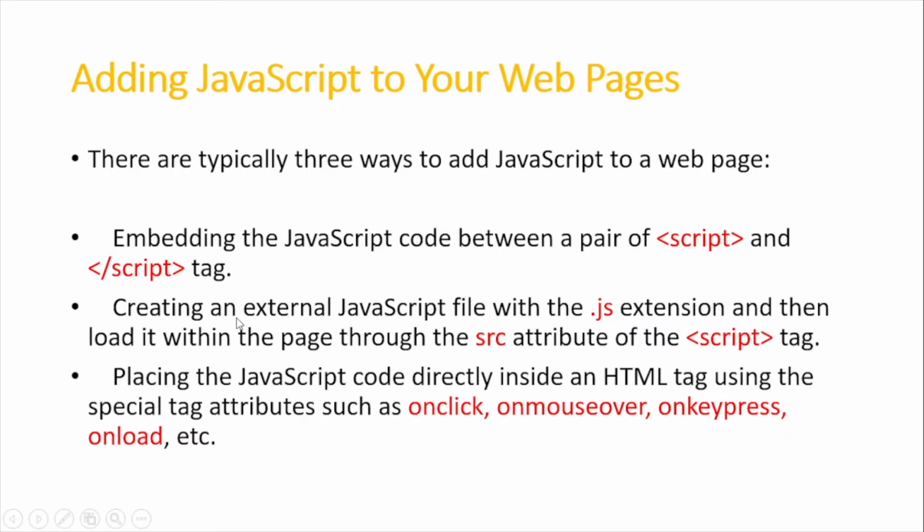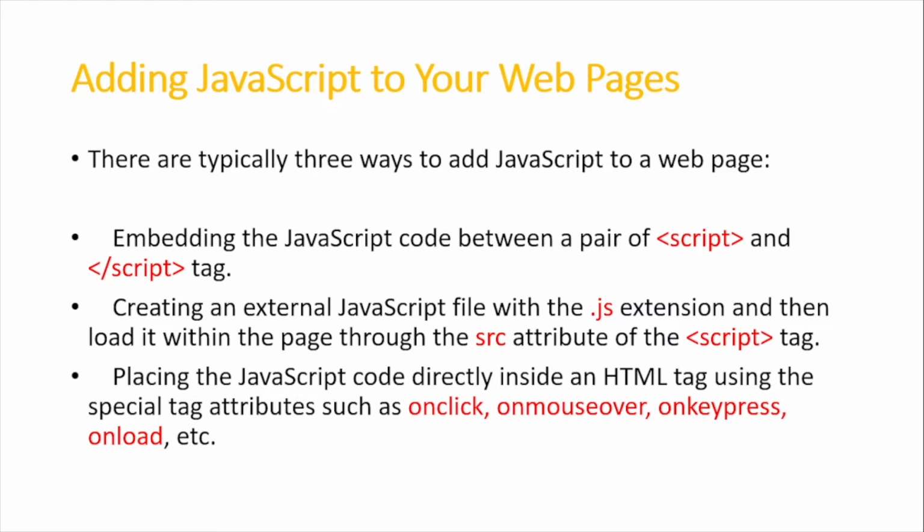You can create one external JavaScript file with the .js extension, and then you can load it within the page through the src attribute of the script tag. In the script tag there is an src attribute in which we'll be linking this external JavaScript file. It is kind of similar to the external CSS file, how we link an external CSS file by using the link tag. You have probably studied about that.